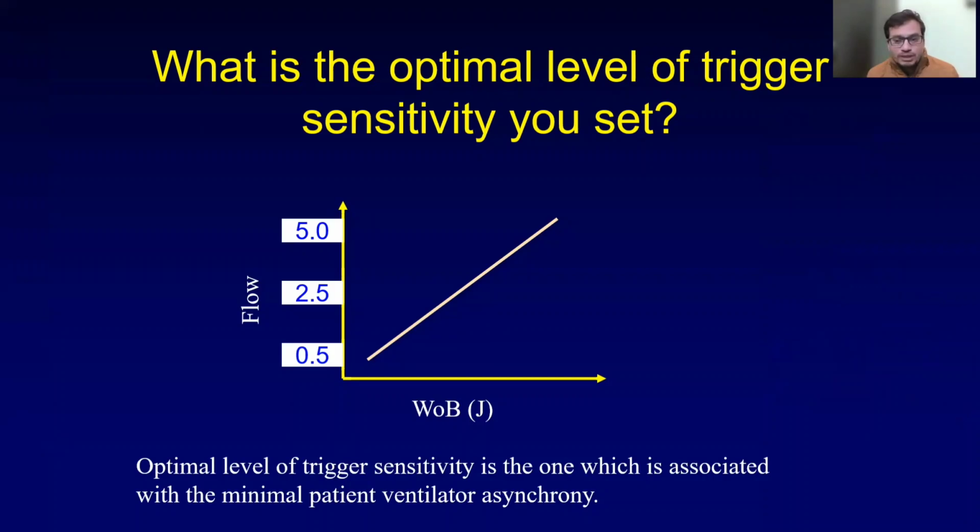If you keep the flow trigger too low, the patient will trigger breaths unnecessarily even if he does not want to, and that will lead to extra triggering, which can increase the risk of hyperinflation, barotrauma, hemodynamic instability, and hyperventilation.